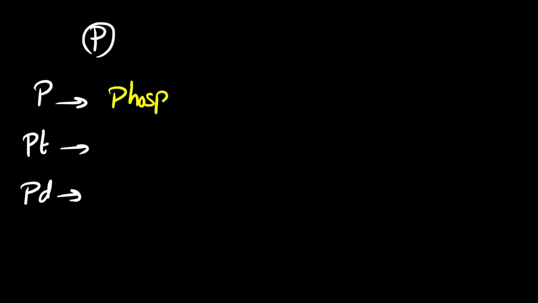You have the next letter, which is P. You've got the P, you've got PT, and you've got PD. P is phosphorus, PT is platinum, PD is palladium.